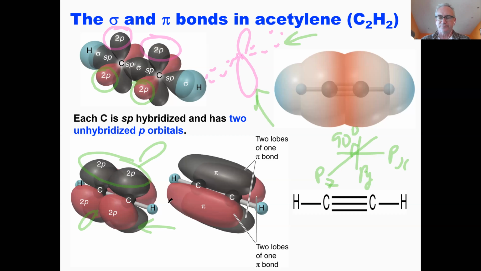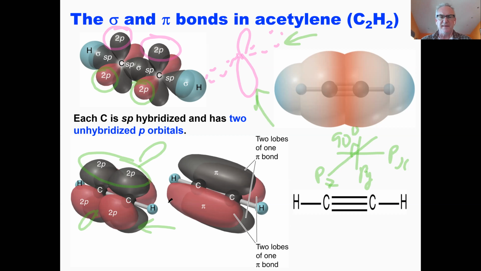But that's basically what we want to do. We put these things together piece by piece, and then as we add our p orbitals, we can see where the pi bonds are. That's what the websites will help us do. We build them piece by piece so you can see how they fit together.